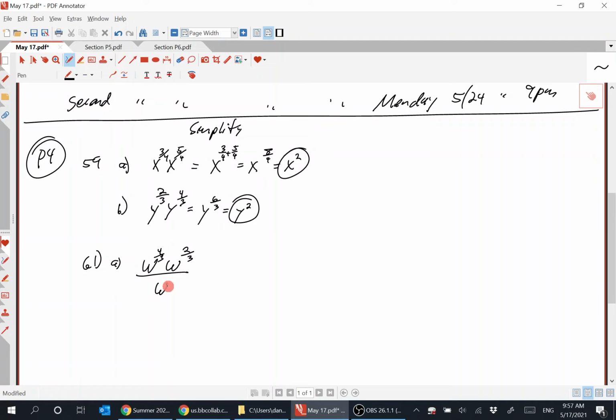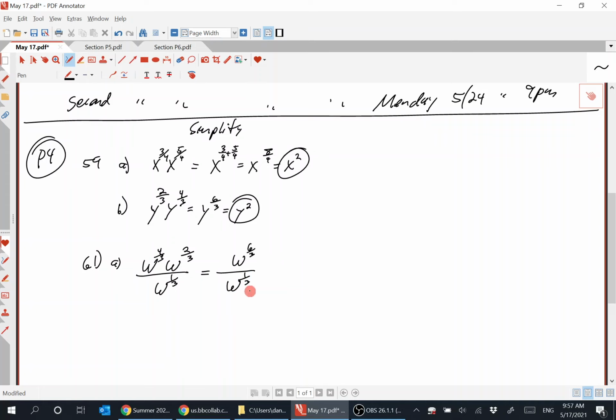Over w to the 1/3. Right, so we have three exponential expressions with w, but they're all multiplied. So again, you just add the exponents. So this becomes w to the 6/3 multiplying these two over w to the 1/3.